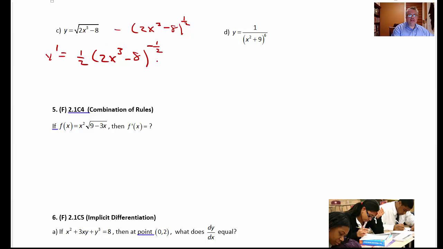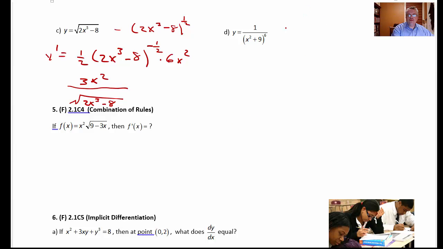That would be 6x squared. The next step is to simplify. 1/2 times 6 is 3. We have the x squared. And this term to the negative 1/2, we're going to move to the denominator. So that's over the square root of 2x cubed minus 8. Hopefully you can see that there okay.